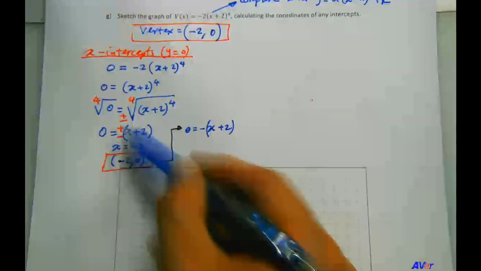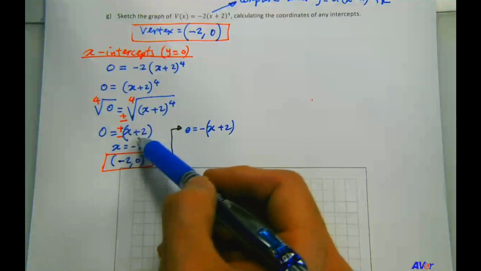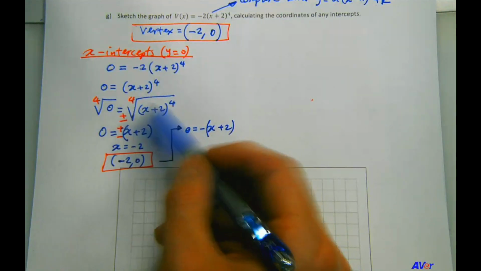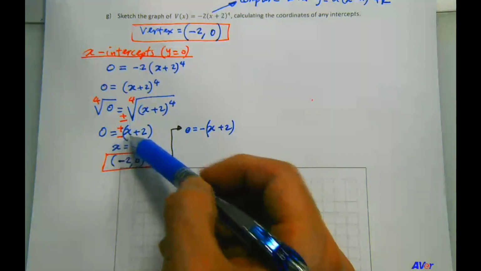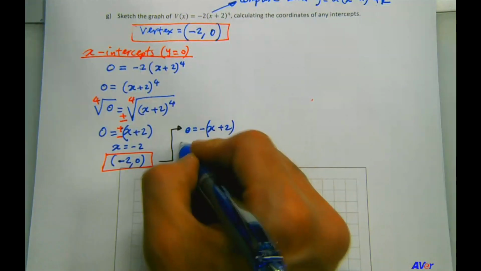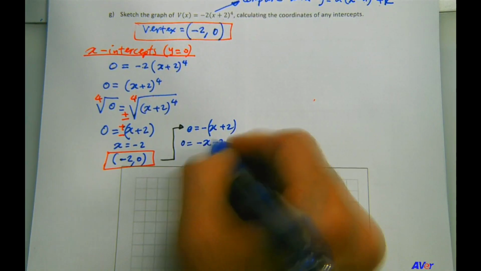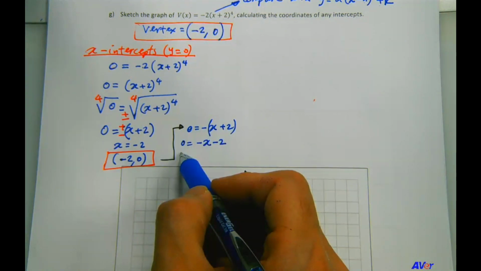One of these x-intercepts comes from the plus, because when you take the even root of both sides, you end up with plus or minus. The other x-intercept comes from minus all of that. So minus in front. Let's distribute the minus: -x -2.